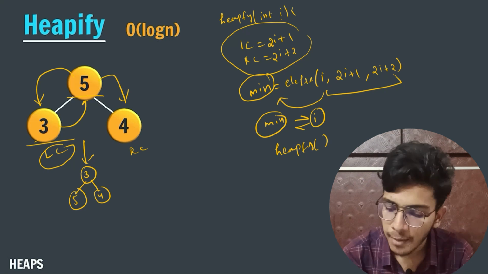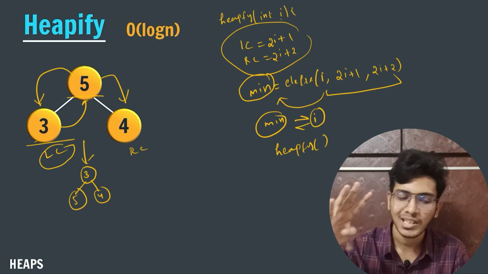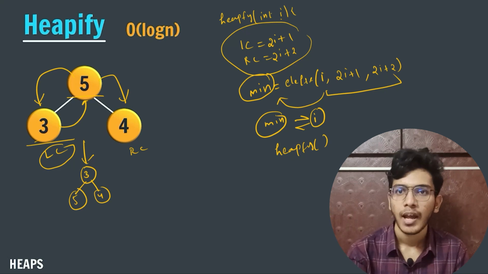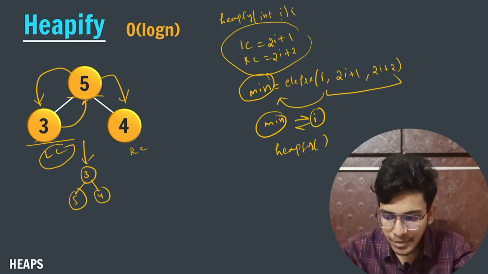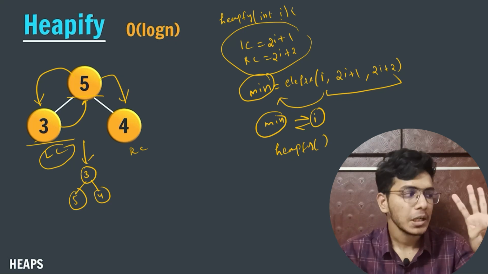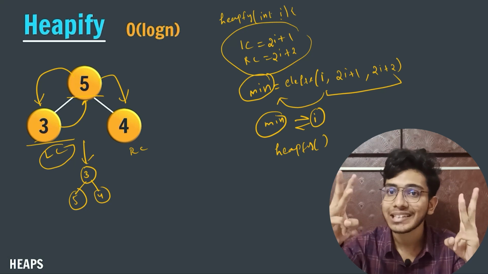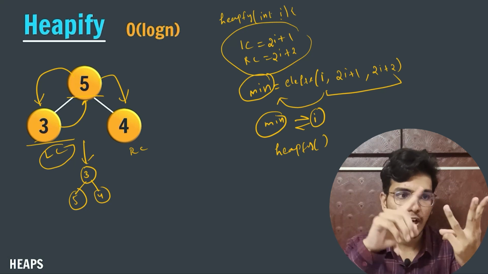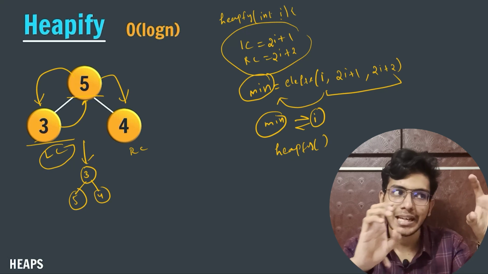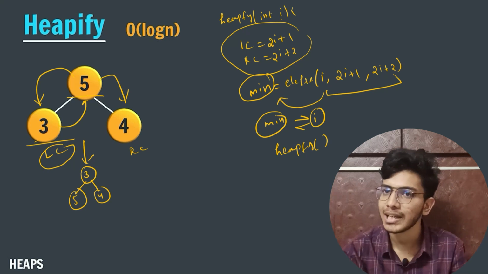So this is what I'm gonna do. In the heapify function, I will pass the root index as my parameter, and after that in the heapify function I will look at the left child and right child, and among these 3 elements, root node, left child and right child, which one is minimum, I will take that minimum element and store it in a variable.